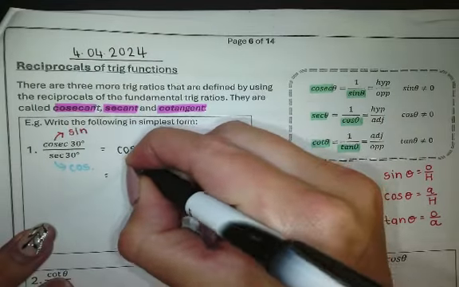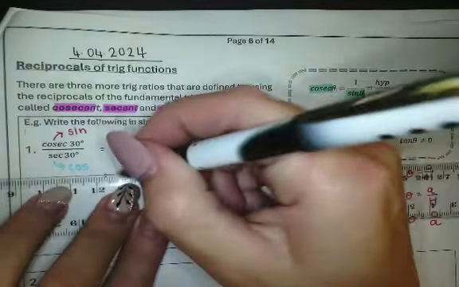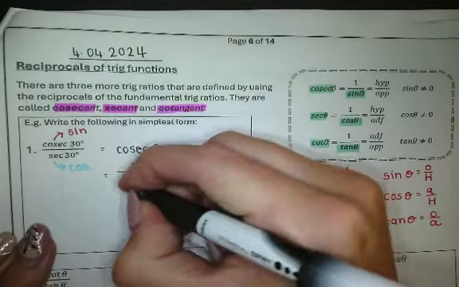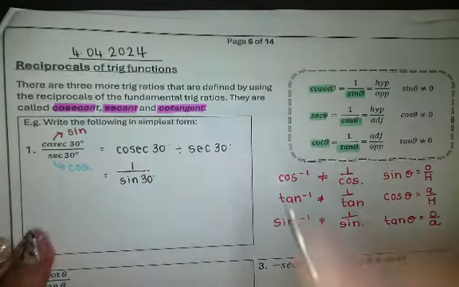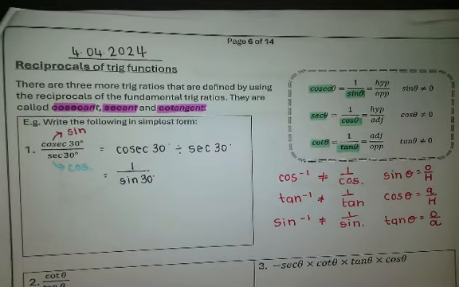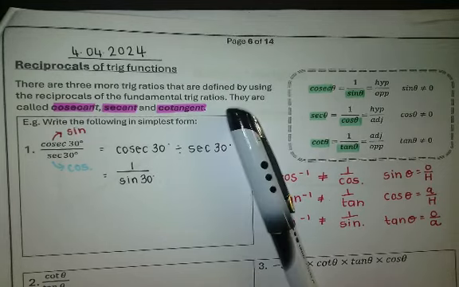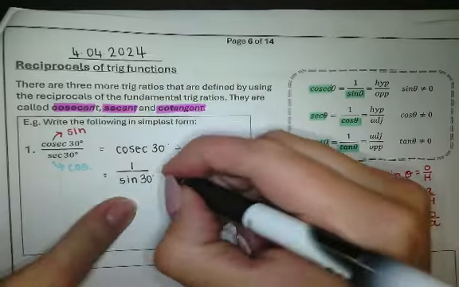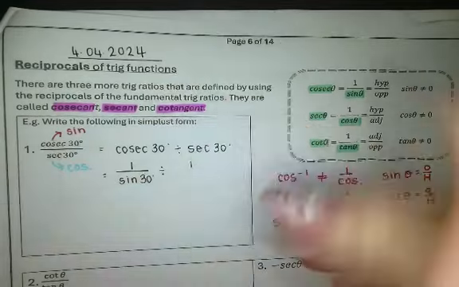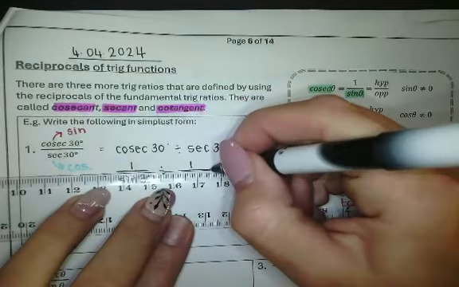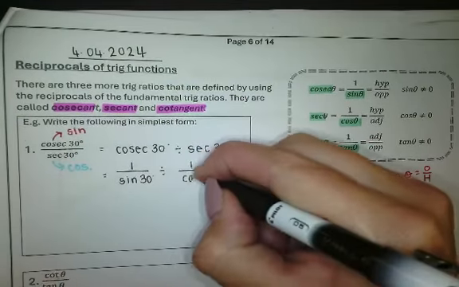So to rewrite this, we're going to write it as 1 over sin 30 degrees. Do you understand where I got that from? Are you all fine? Then we have divided by sec, which is the reciprocal of cos, so it's 1 over cos 30.